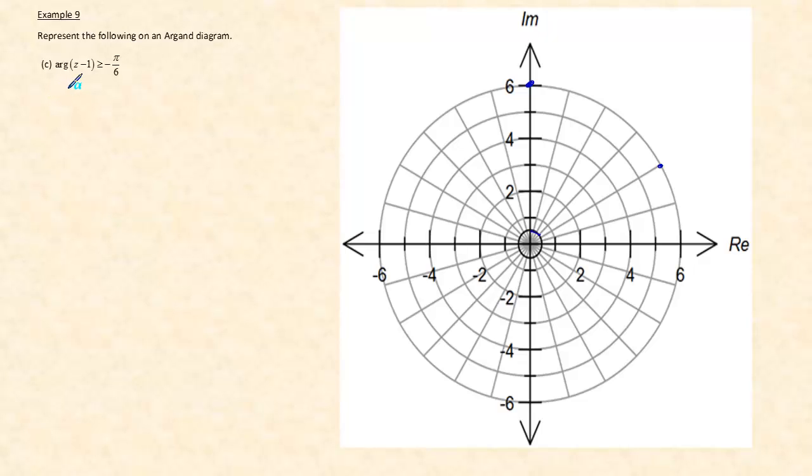Now we want arg(z minus 1) is greater than or equal to negative pi by 6. Now arg(z minus 1) is greater than or equal to negative pi by 6, but it's also going to be less than or equal to pi, because remember this is arg with a small a, so that's the principal argument, and arg z is in the range usually between negative pi and pi.